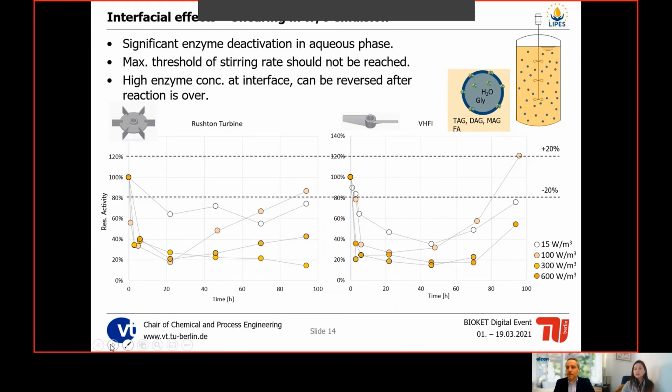Yeah, we have actually considered it in the project as well. And there are 2 arguments against immobilizing the enzyme. We use really free enzyme that is dissolved in the aqueous phase. The first one is because of the cost. Immobilized enzymes are always more expensive than the free enzyme, and we really need to reduce the enzyme cost as low as possible to be able to compete with conventional processes. And the more important reason is the mass transfer, because we are dealing with interfaces, with an oil and water interface.